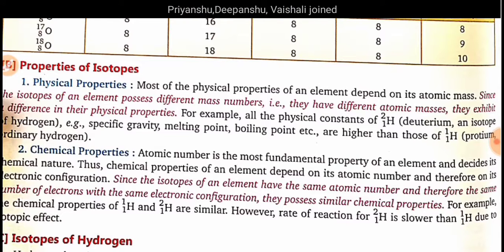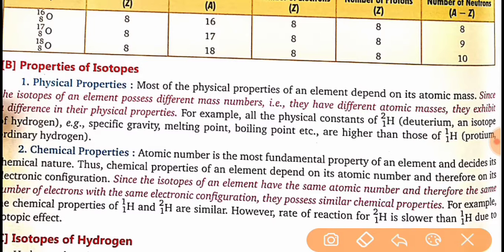If we compare the isotope of hydrogen 1H2 with 1H1, its melting point, specific gravity, boiling point are higher.